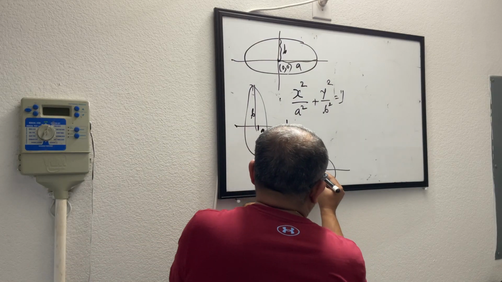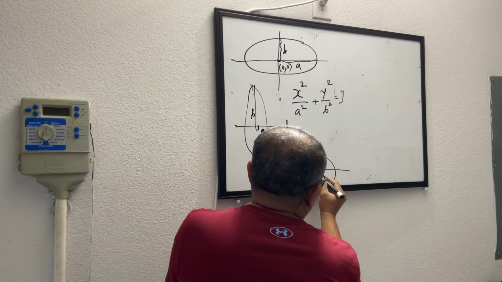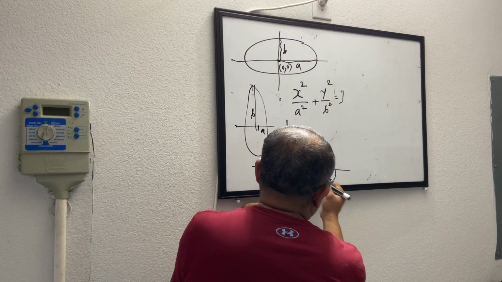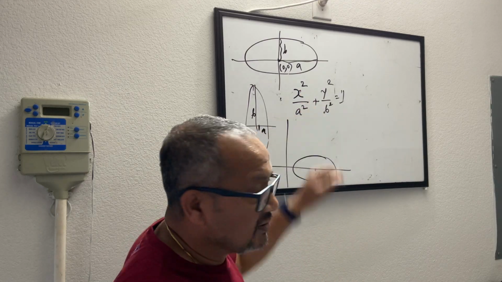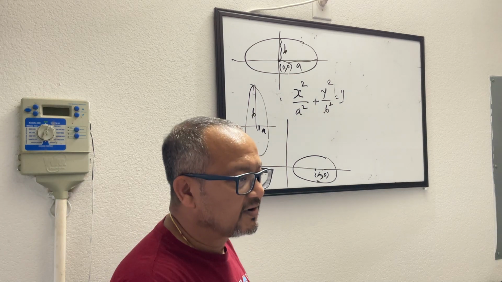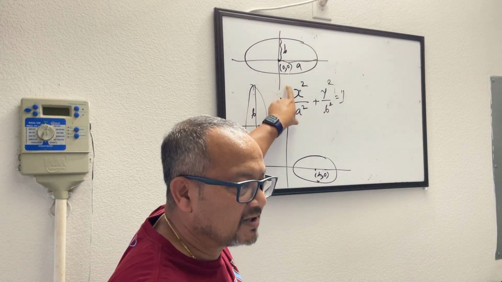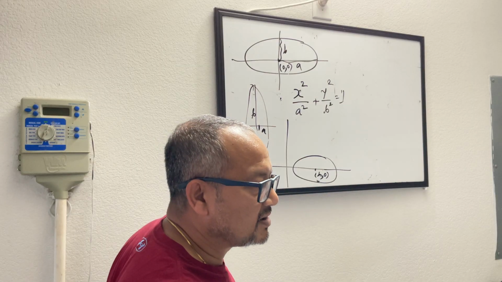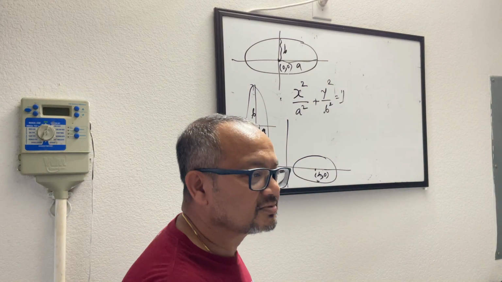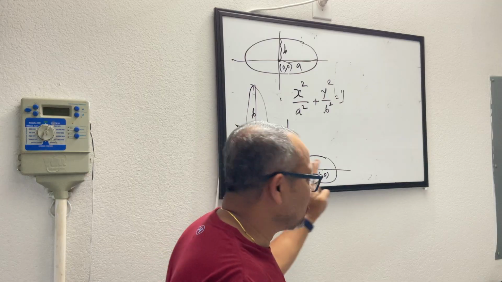So along the x-axis, my x coordinate, let's say, is H, and the y coordinate will be 0 because I am moving along the x-axis. Can you tell me what will change for the equation of the ellipse now? Yep. Do you change x to h? No. You just moved it.